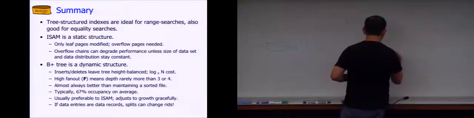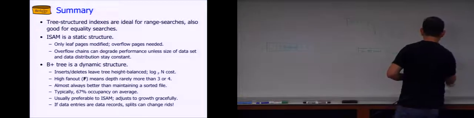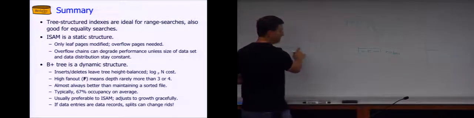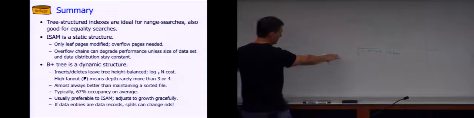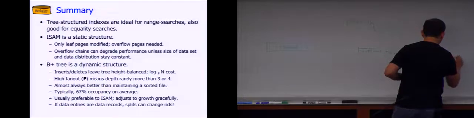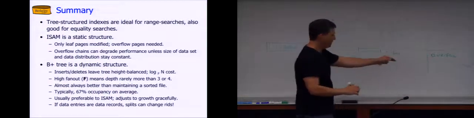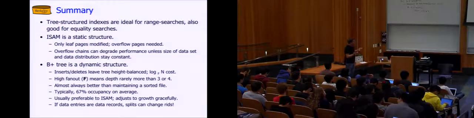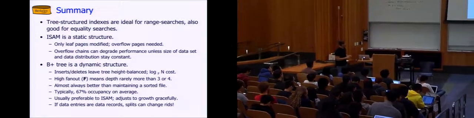This all is fixed and never changes. The data pages can have insertions and deletions, but they don't change the number of pages. The overflow pages are at the end, and this is where the action is in the file. The overflow chains obviously can cause performance to degrade to as bad as linear.